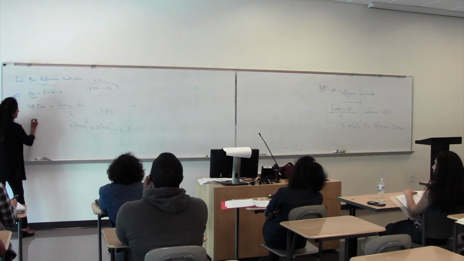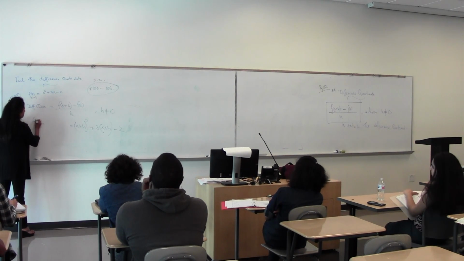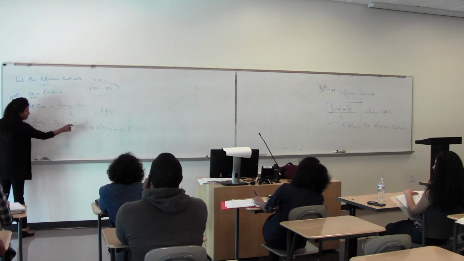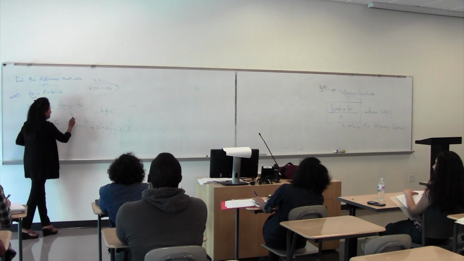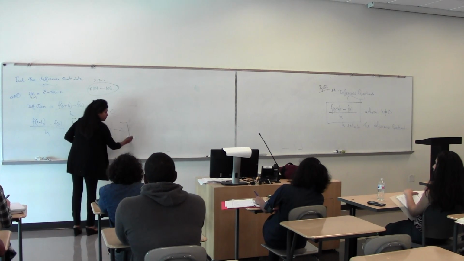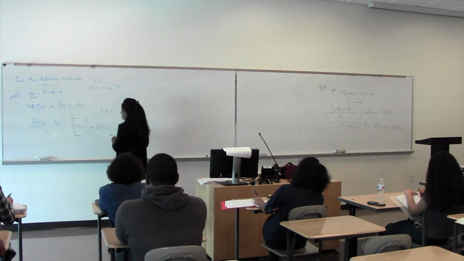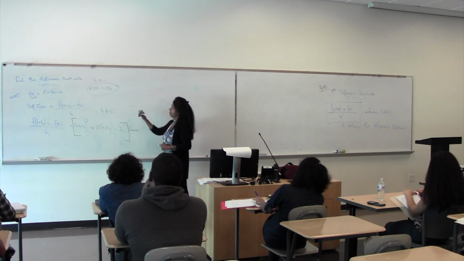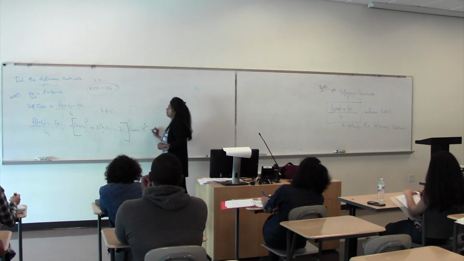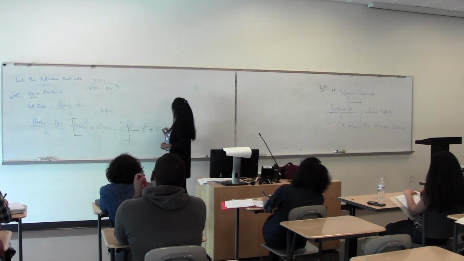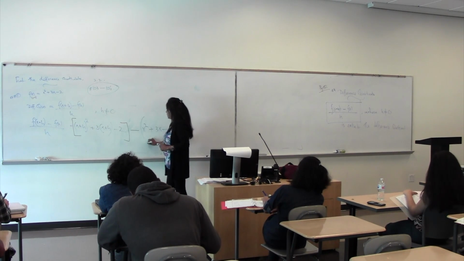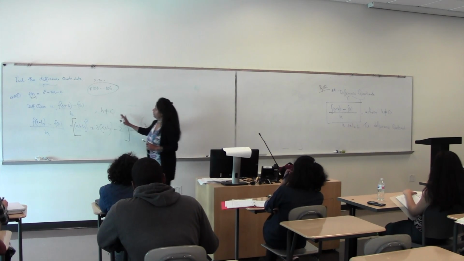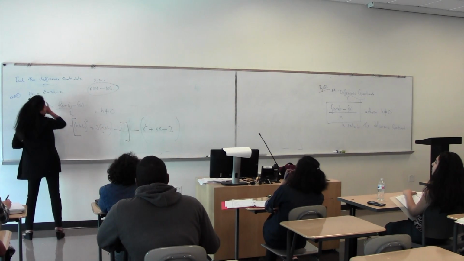I can write it like this: f of x plus h minus f of x over h. So this whole thing is f of x plus h, subtract f of x. F of x is this, so whatever f of x is, you write there.